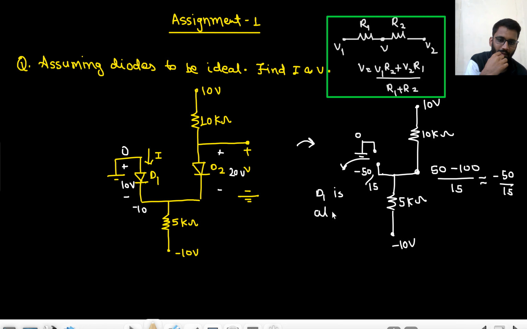D1 is also on. So diode D1 is on and D2 is also on. Both D1 and D2 are on. Okay, so now what you can do? This is a 10 volt battery. This is the resistance. Diode D2 is on.